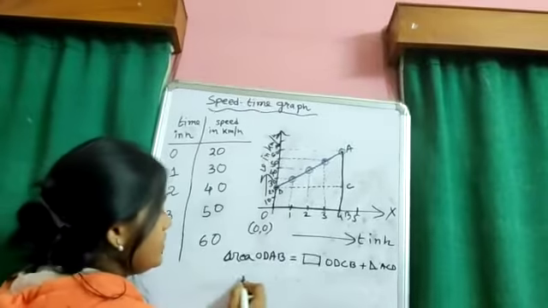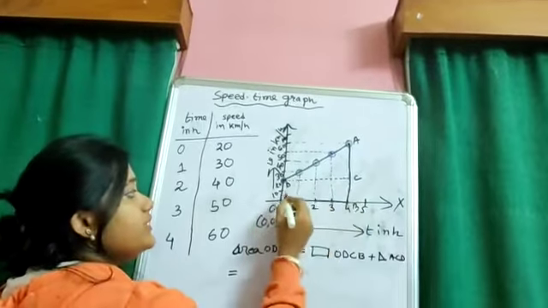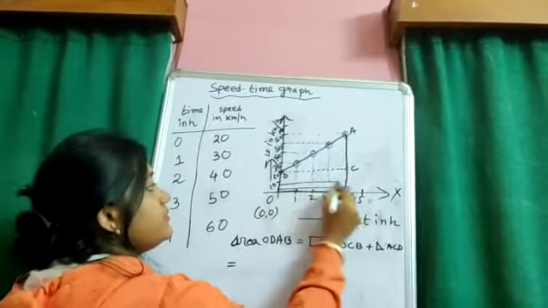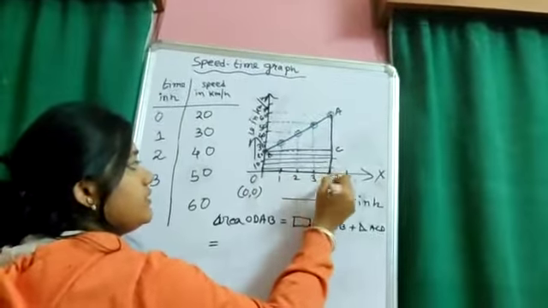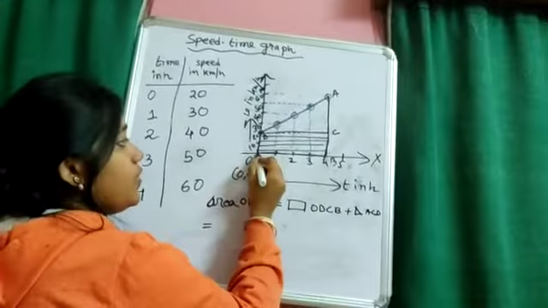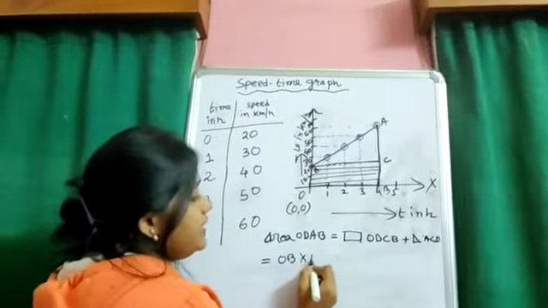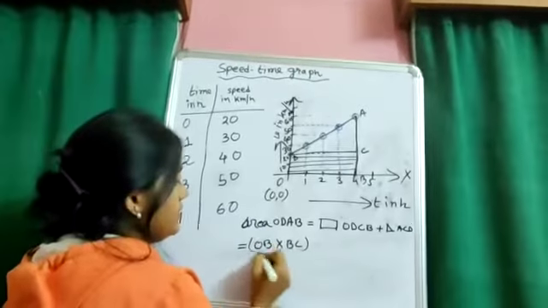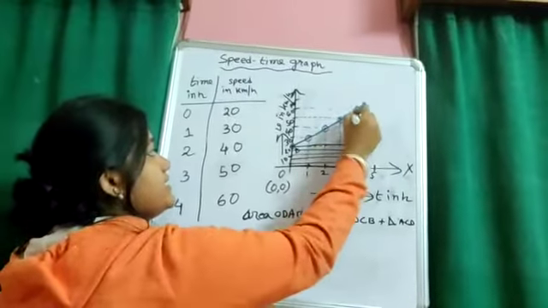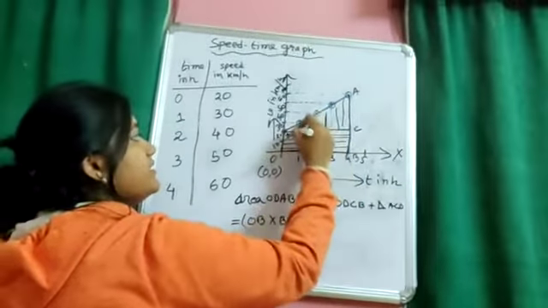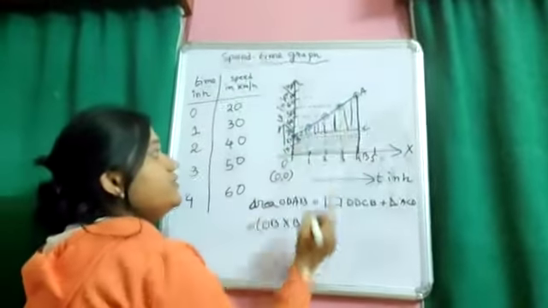ODCB is OB into BC, plus triangle ACD is DC into AC.